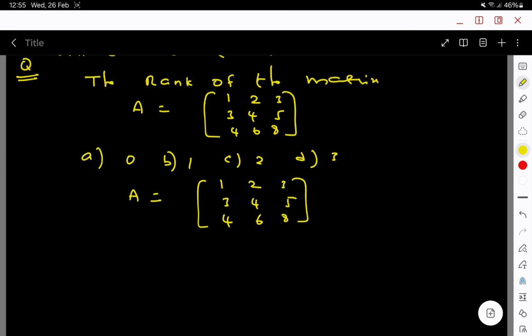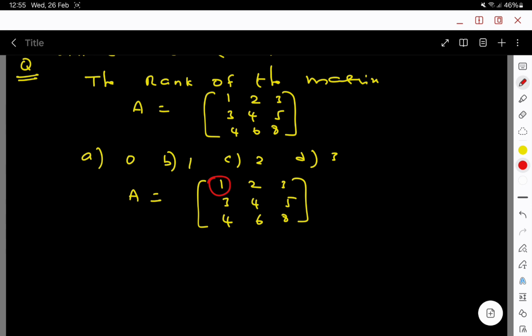In this matrix, note that 1 is a pivot element. Using this pivot element, we change the elements 3 and 4 into 0 by using row operations. The first leading entry is 1. 1 2 3 are in R1, 3 4 5 in R2, 4 6 8 are in R3.